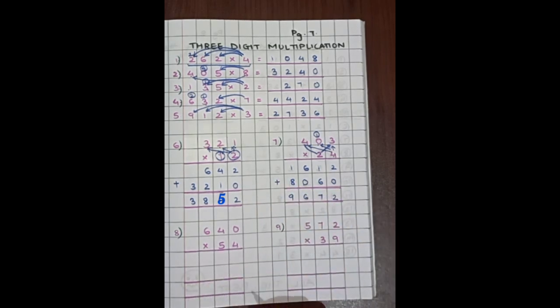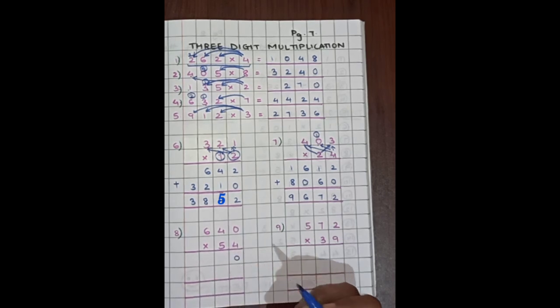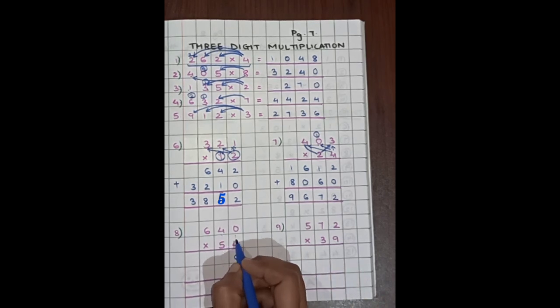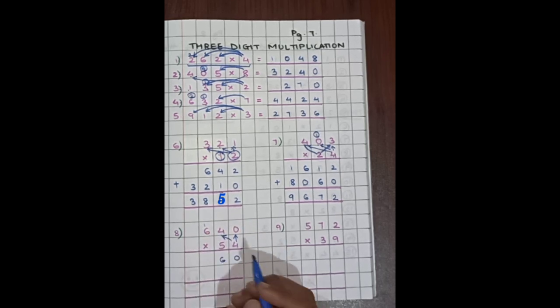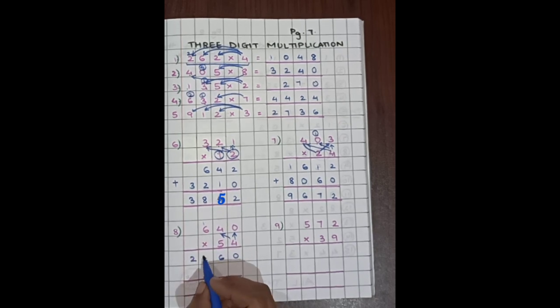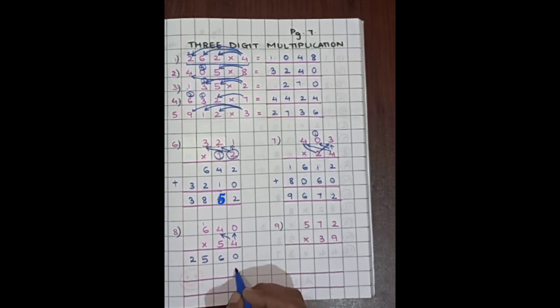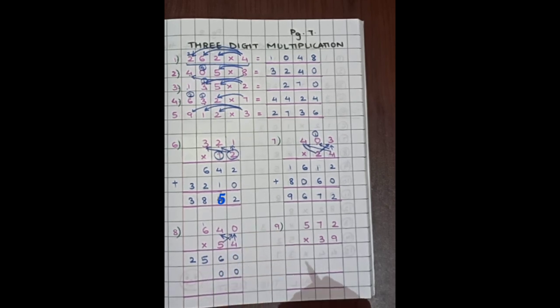So now we go to the third one. 4 zeros are 0. 4 fours are 16. So 1 and 6. 6 fours are 24 and 25. Another 0 below. It's a compulsory 0. And 5 zeros are again a 0.